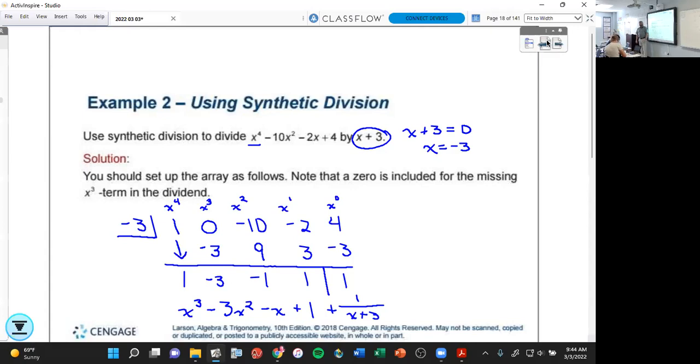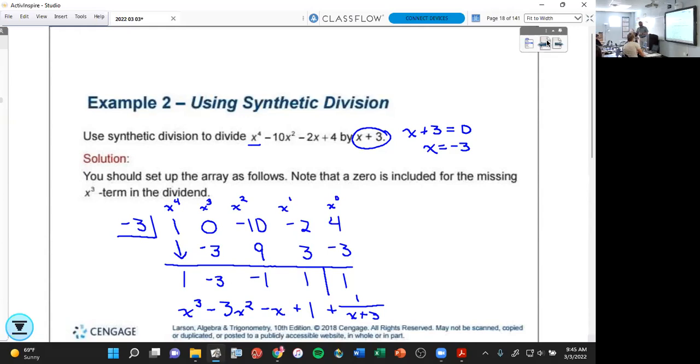This is where you pick up the calculator and you change the x's to -3 and you actually do this. You got 1, which is the remainder. Okay.